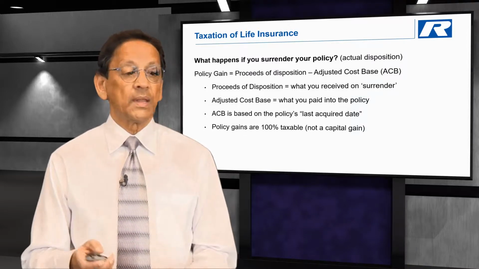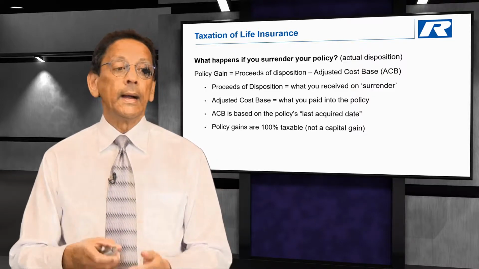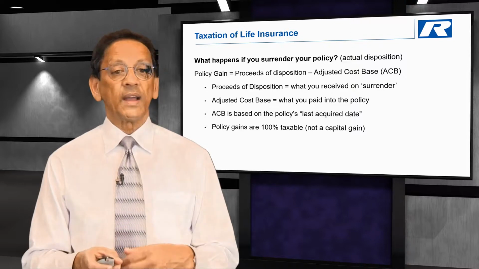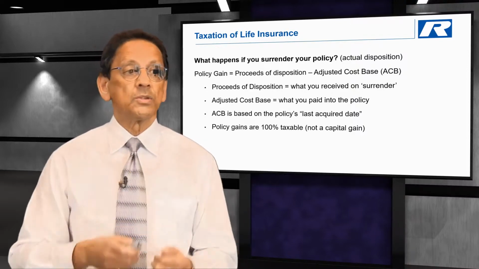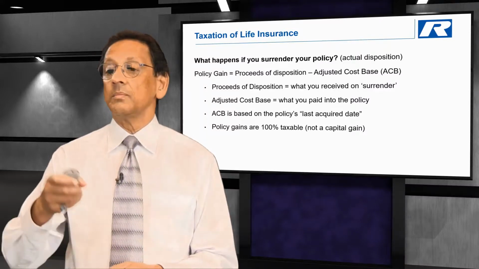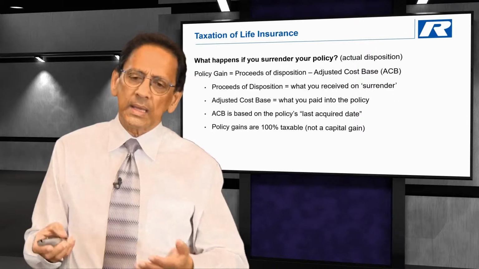This is no different than, let's say, for example, you decide to buy a condo that you're going to rent, a rental condo. And in fact, you paid $300,000 for this condo. And in fact, you made some improvements. You put in some new flooring, upgraded the kitchen.